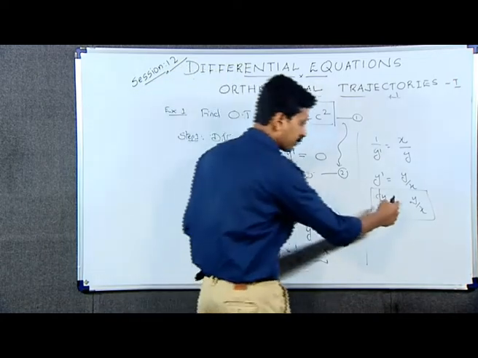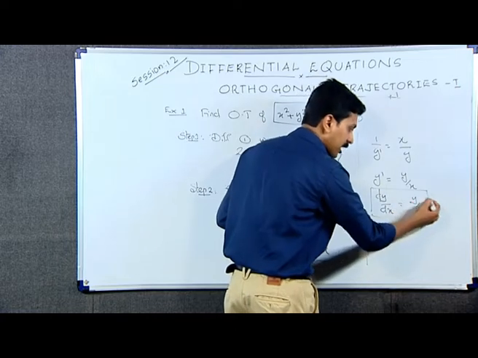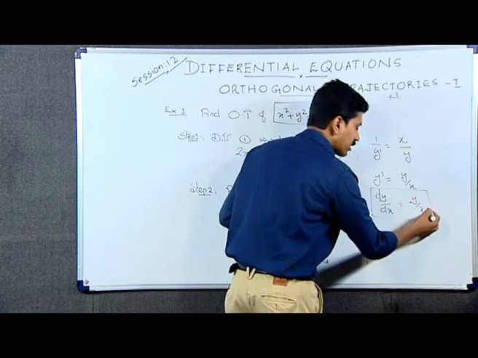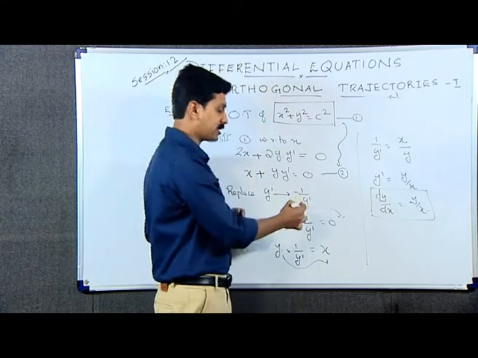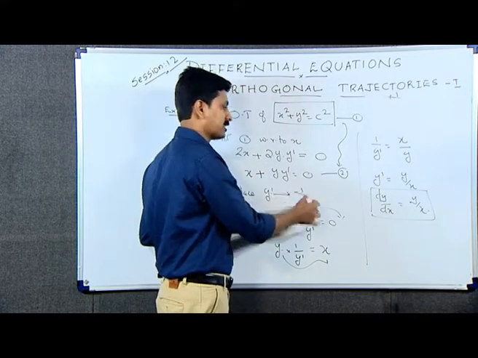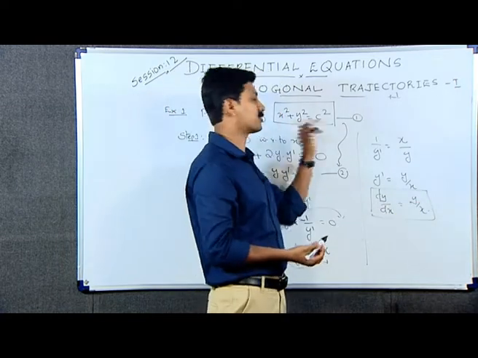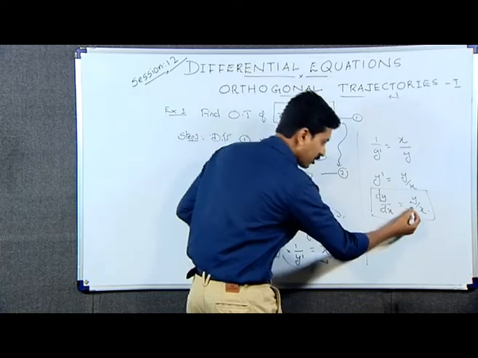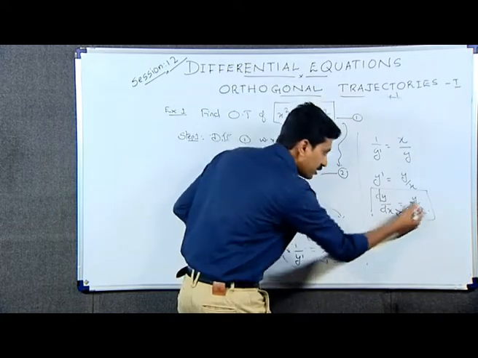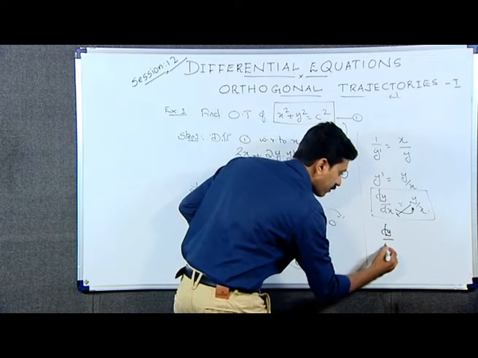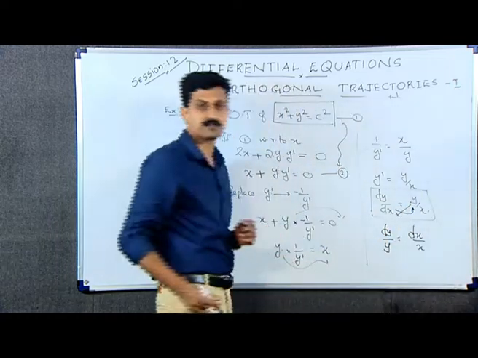While solving this differential equation, we get a new family of curves, and that set of family of curves are the orthogonal trajectories of the given family of curves 1. So, I am taking y here and dx here. So, dy divided by y is equal to dx divided by x.